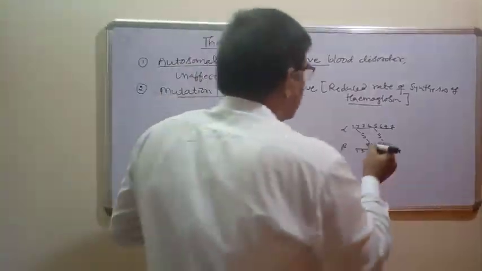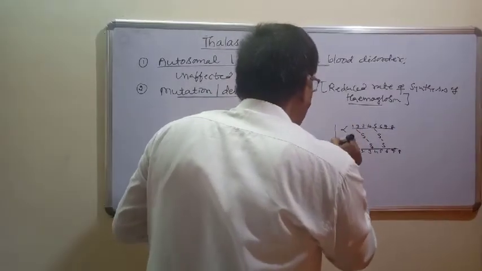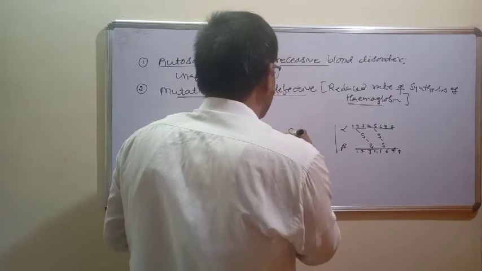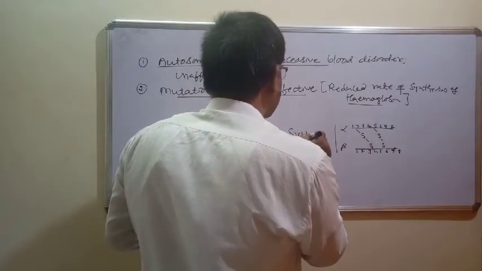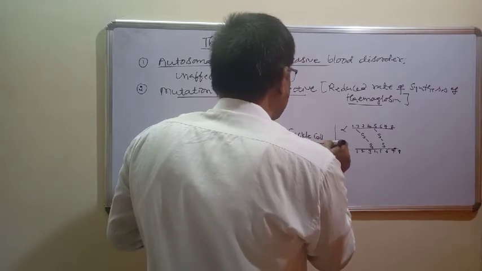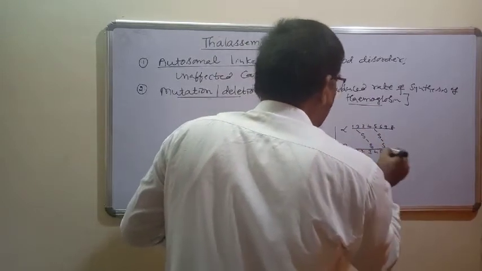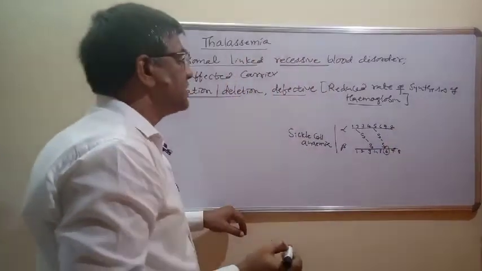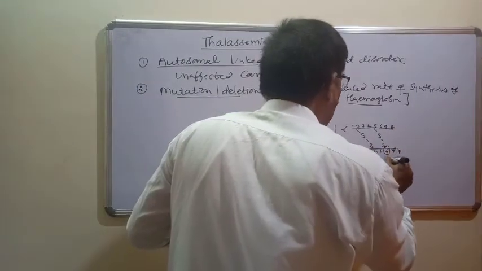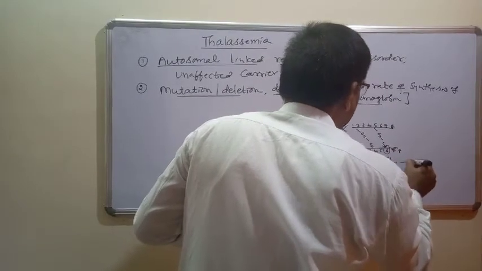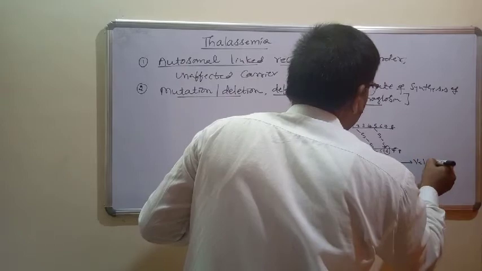Now what happens in case of sickle cell anemia? You have to understand the difference between sickle cell anemia and thalassemia. In case of sickle cell anemia, in the beta chain, the sixth amino acid, which must be glutamic acid, is replaced by valine.